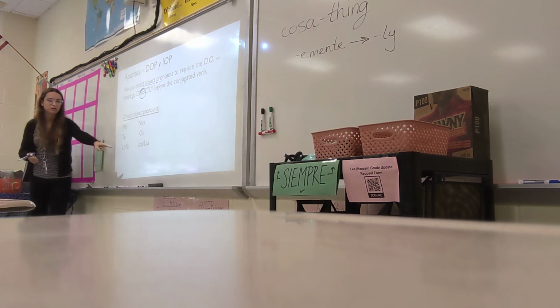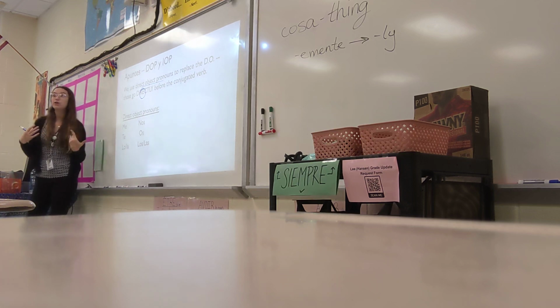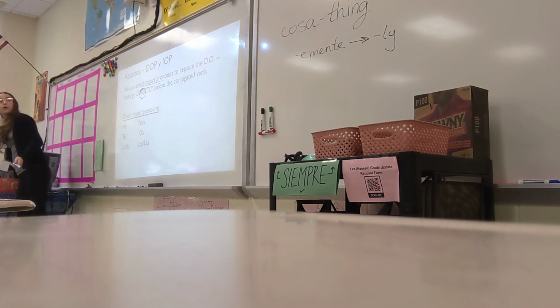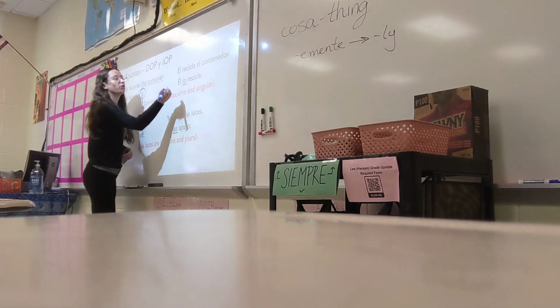So which of these squares is it going to be on our conjugation chart? It's going to be the lo, la. I'm going to change my direct object pronoun based on the gender of the he, she, or it. So el contenedor, do you think I want lo or la? Lo is our masculine. So here, I'm going to substitute lo for it.